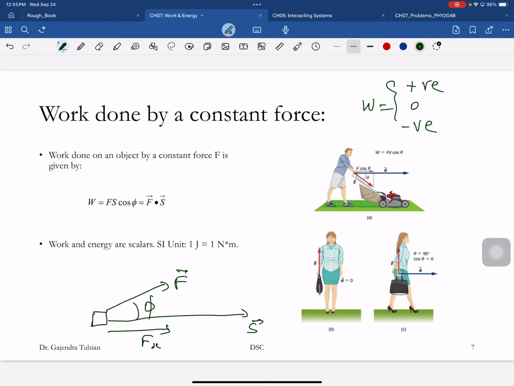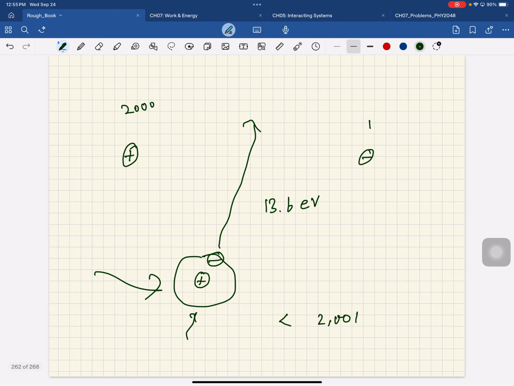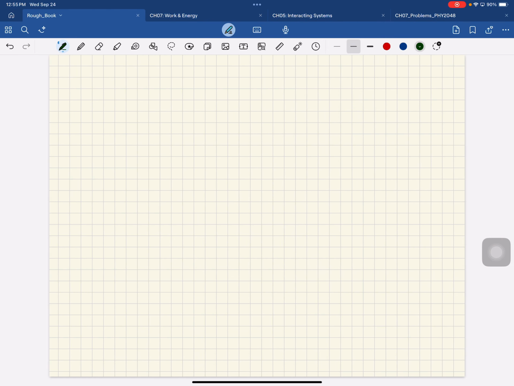When do you ever do negative work in your life? Do you ever do negative work? That being if something was doing work to you. Every time you're driving a car and you apply brakes, you're applying a force in that direction.